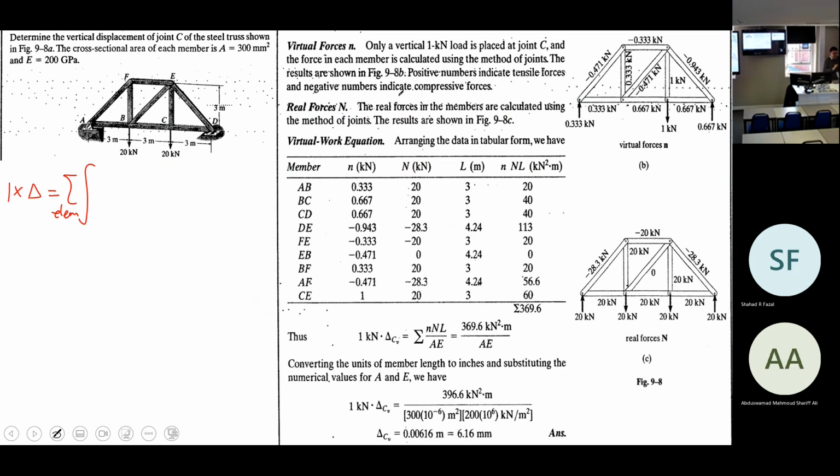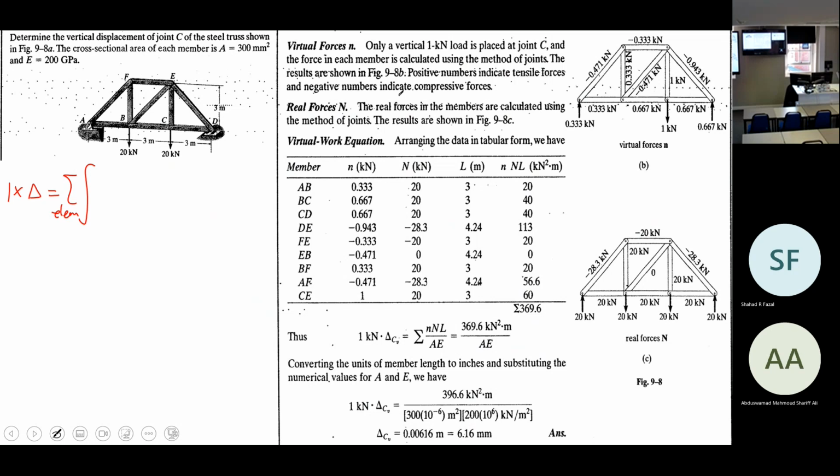And integration, we had in general four integrations: one for axial force, bending moment, shear force, and torsion. Torsion is for 3D. Neglect shear forces and also bending moments. Why? Because in a truss structure, we don't have bending moment.